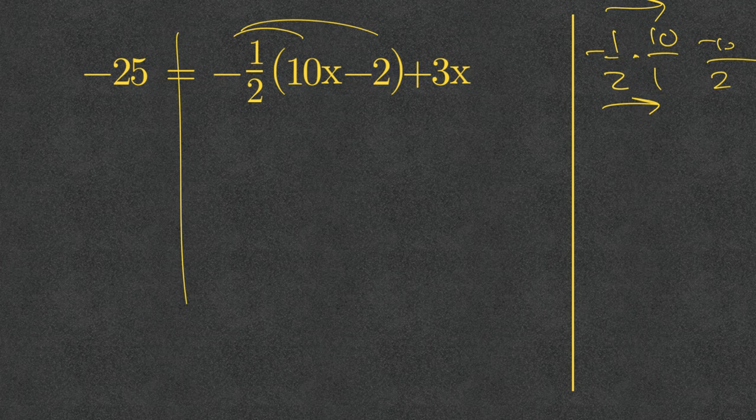Negative 10 divided by 2 is -5. Thank you. Okay.